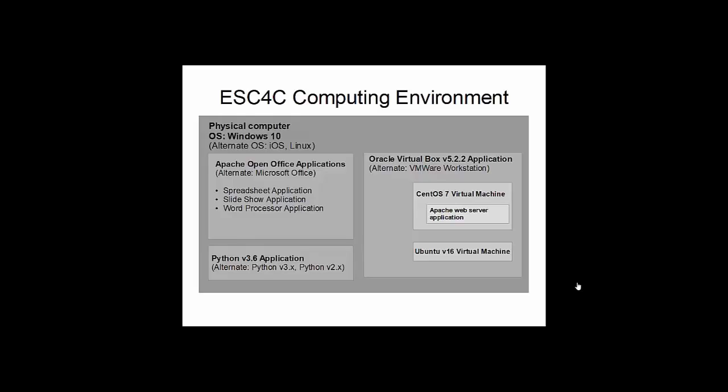And so if that's your case, you may want to talk to a system administrator to help you get these components set up. Or, as I mentioned before, you may have to use an alternative, such as using Microsoft Office instead of Apache OpenOffice. And again, just some slight differences between the two, but you should still be able to be successful in the course.